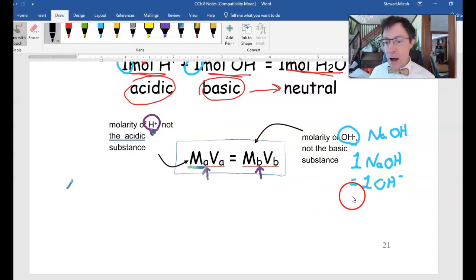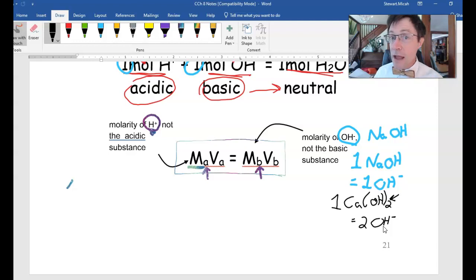How about calcium hydroxide that has 2 hydroxides? So what this means is if we have 1 calcium hydroxide, we will get 2 hydroxide ions. See how that could be tricky?